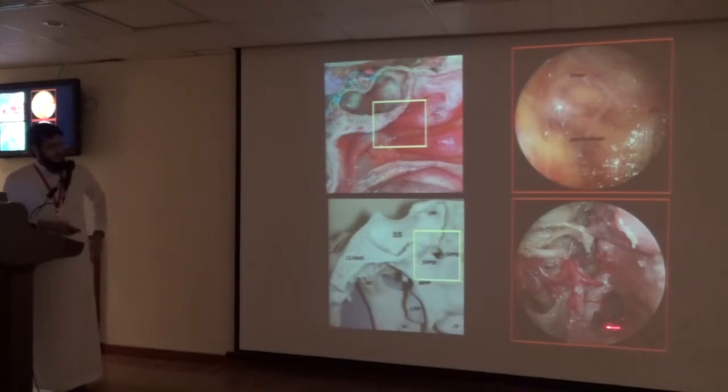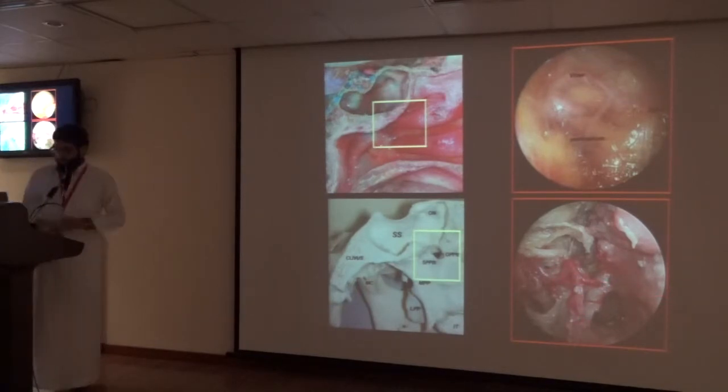This is the right side, this is the septum, this is the maxillary sinus, and we removed the bony wall of the sphenopalatine fossa, and we can see the terminal branches of the maxillary artery coming out and down through the greater palatine artery.